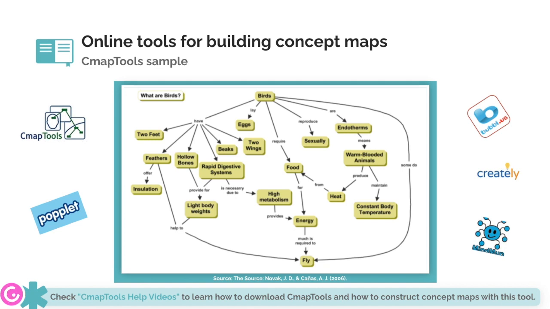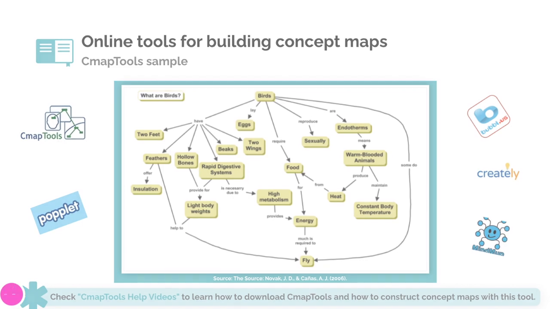We will use this tool throughout this module in order to practice how to create visual concept maps. Please check Simuptools help videos to learn how to download Simuptools and how to build concept maps with this tool. Now that you have a basic grasp of concept maps, let's put it into practice.